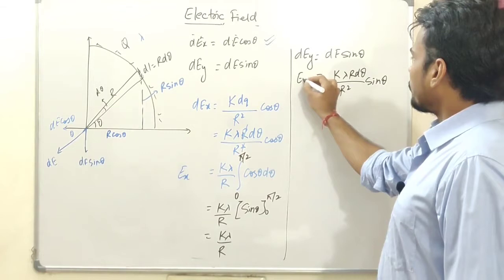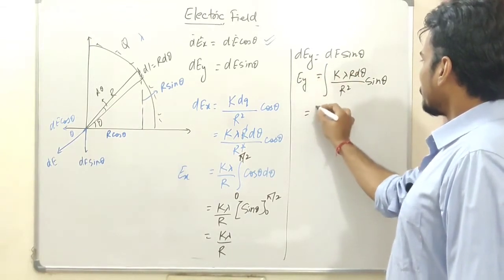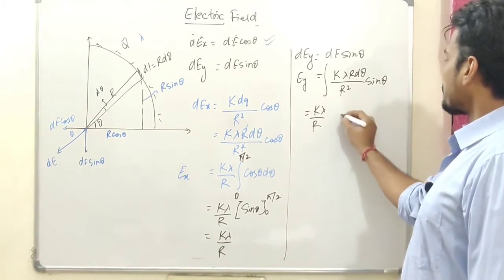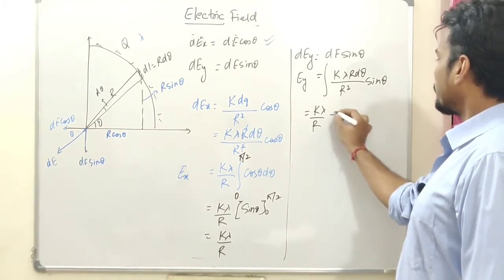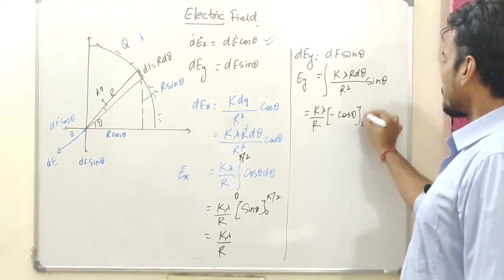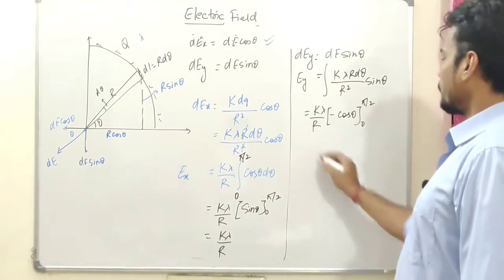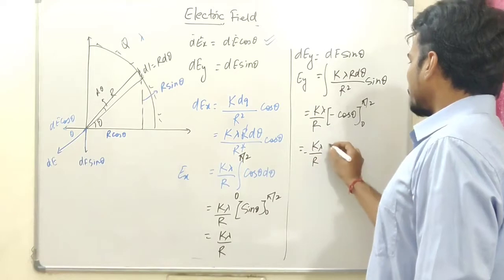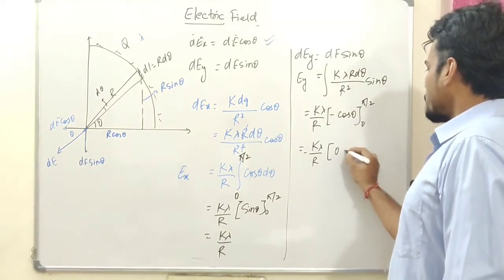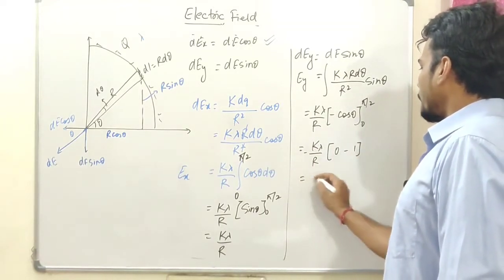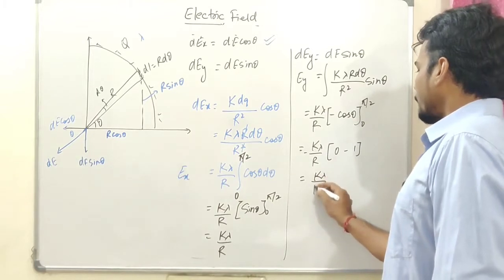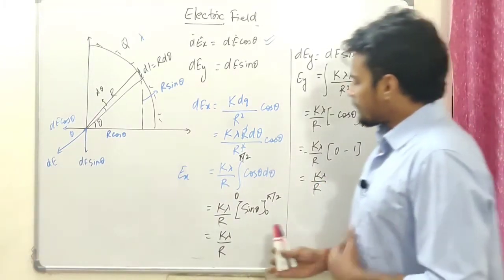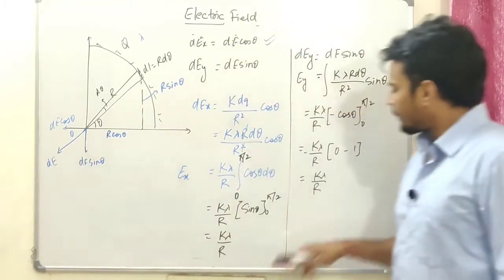So Ey is the integration of this: k lambda over r times the integration of sin theta, which is negative cos theta, with limits 0 to pi by 2. Keeping the negative outside, cos pi by 2 is 0 and cos 0 is 1, so I get k lambda over r. So the cos and sin components are coming as k lambda by r and k lambda by r.